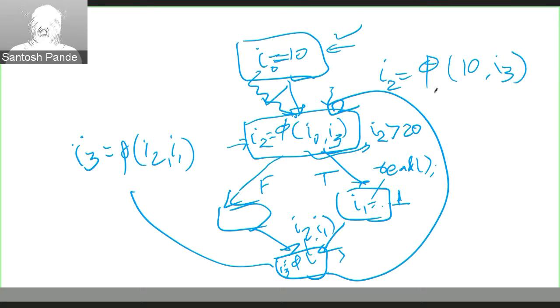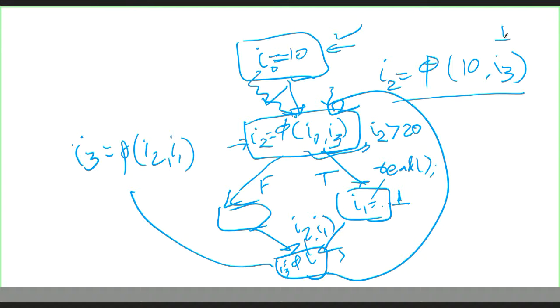So you can see that the first function we'll face here is this phi function in terms of 10 and I3, and how to evaluate this I2. As per our pessimistic approach, this I3 would be bottom, which it would be, because all of them are evaluated as bottoms to begin with, unless they're explicit constants like this.